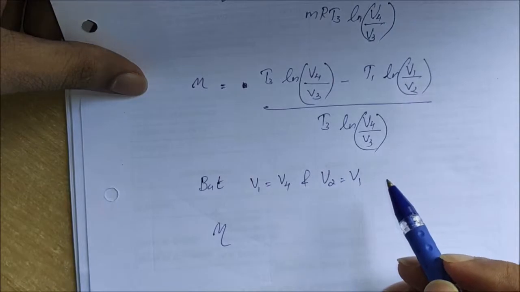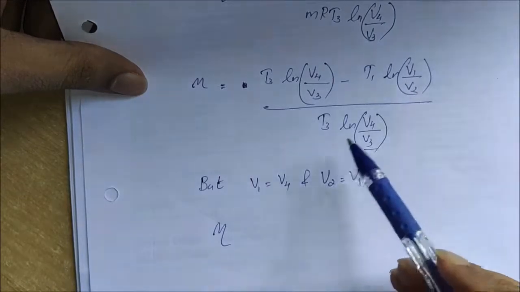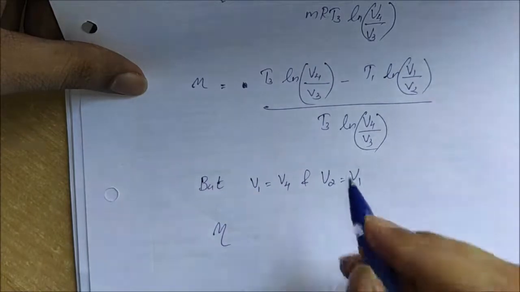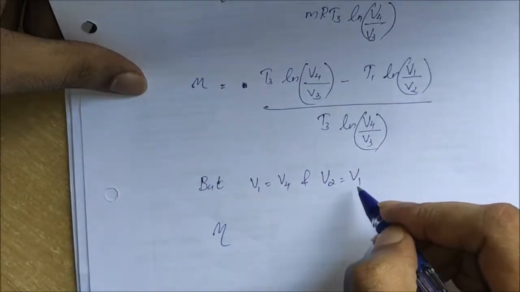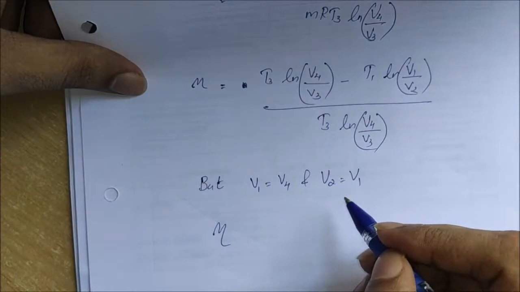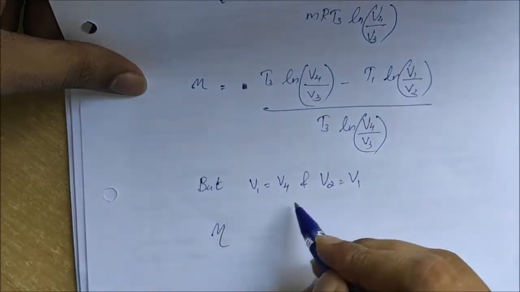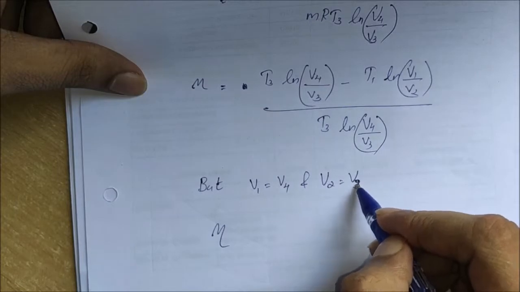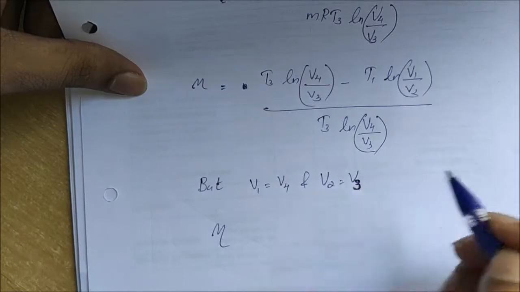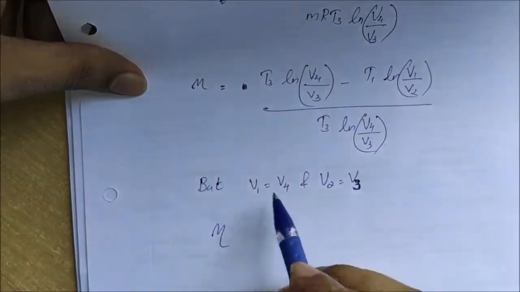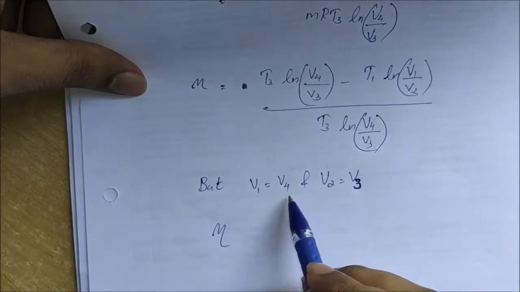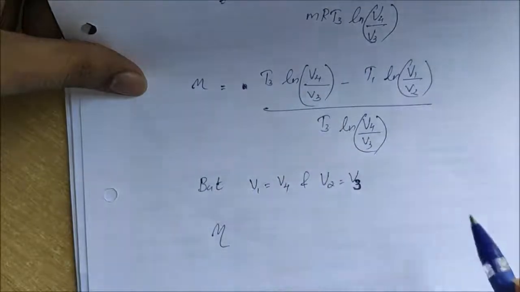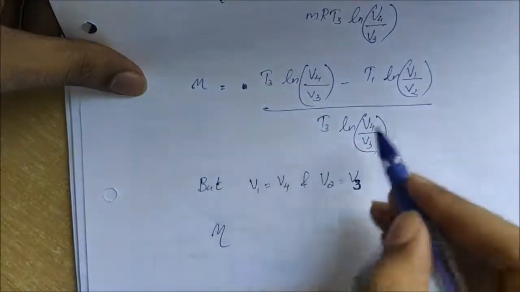I can substitute for V1 as well as for V2, right? Because V1 is equal to V4, it's a constant volume process, and V2 is equal to V3, again a constant volume process. So how can I change this equation?